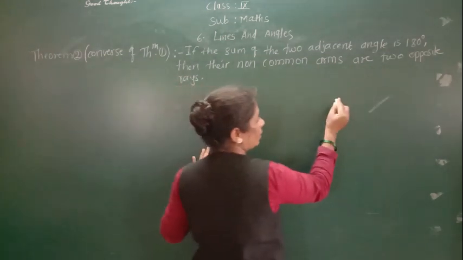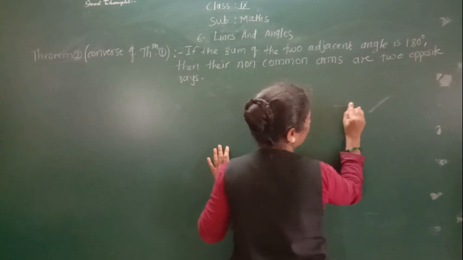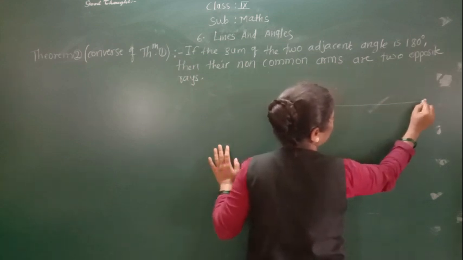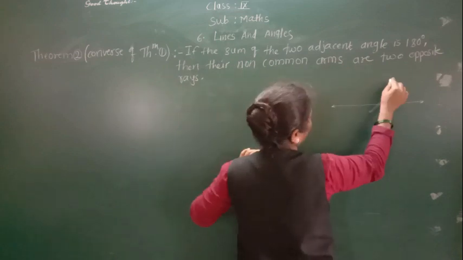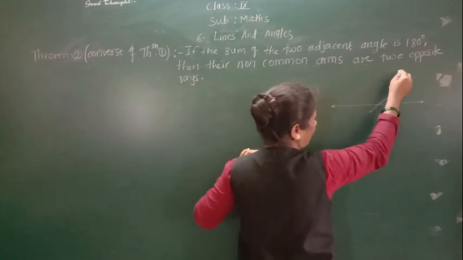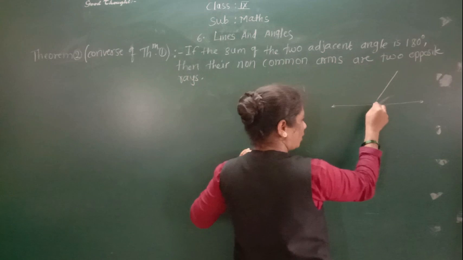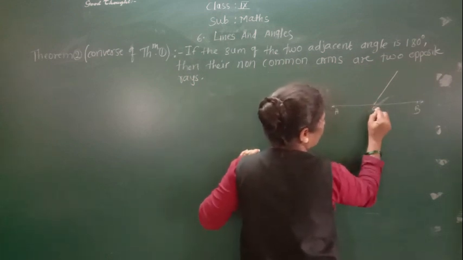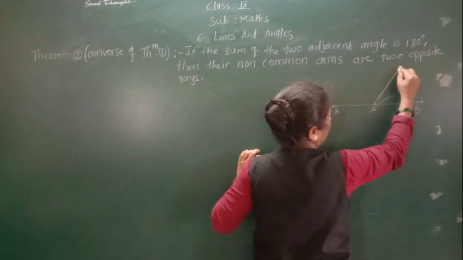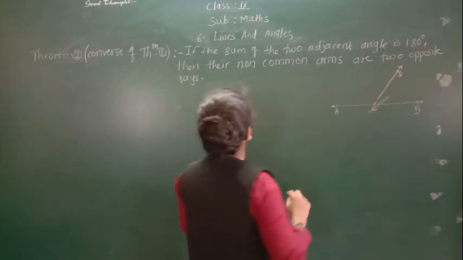So here the figure will come like this. Two adjacent angles are so formed that the sum of the two angles is 180 degrees, right? So the same figure we will draw here. This is your AB, okay, and CD. Which are the two adjacent angles?